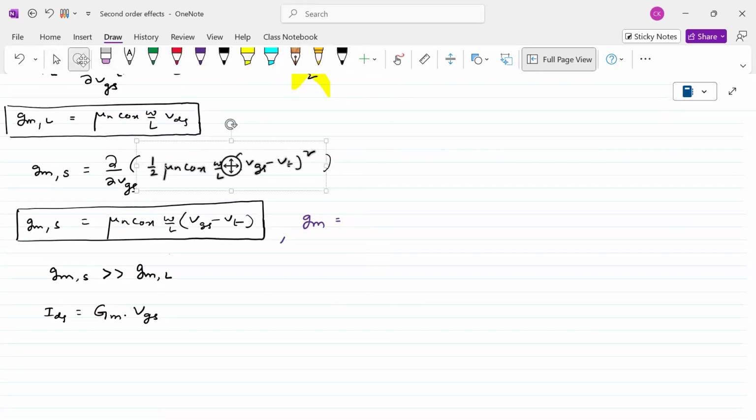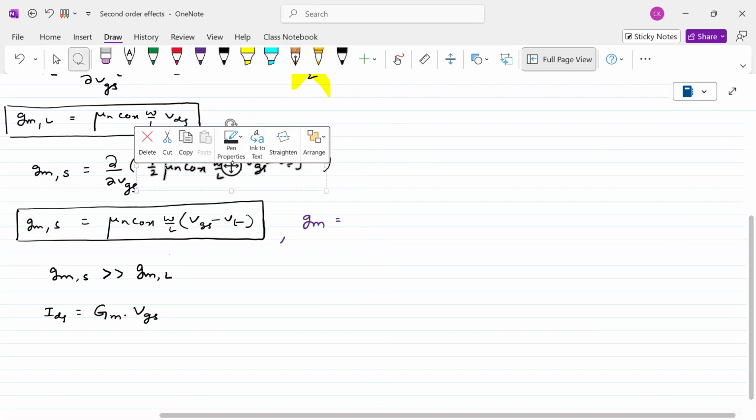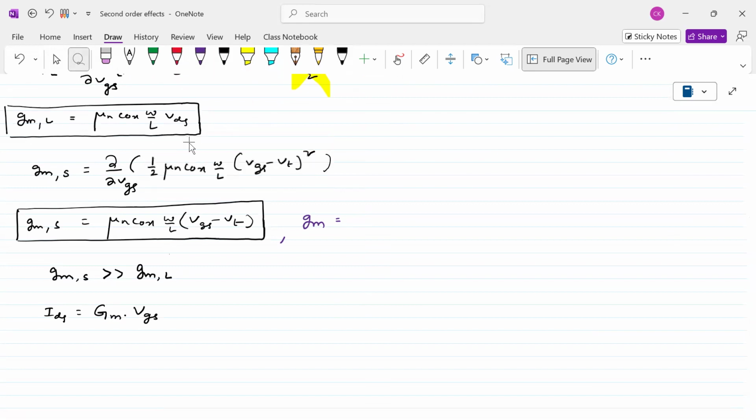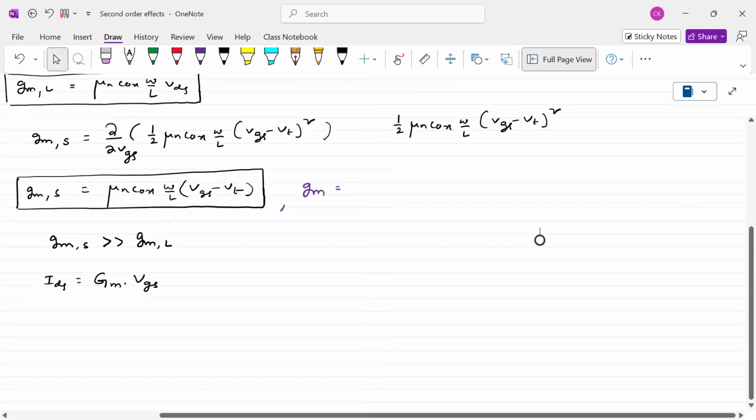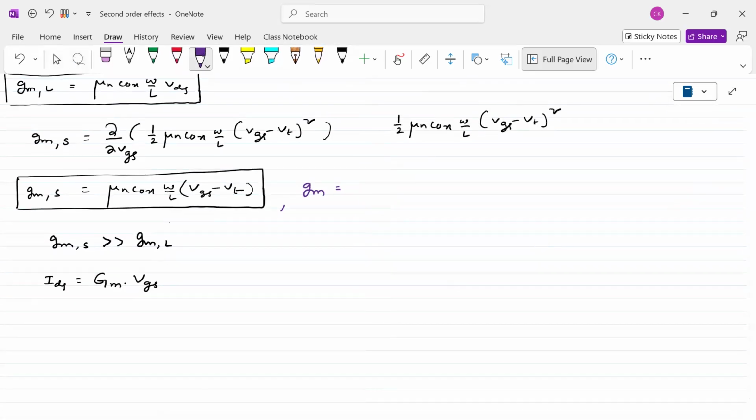So in terms of gm, how can I write it? If you take 2 there, can we write gm into (VGS minus VT) is equal to 2ID?